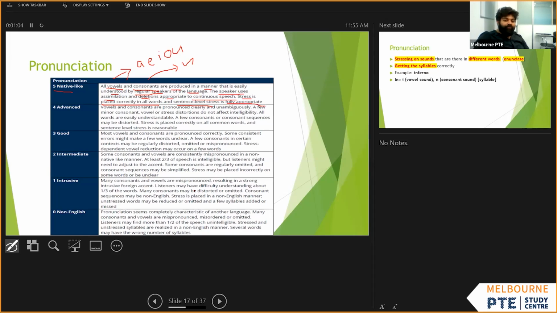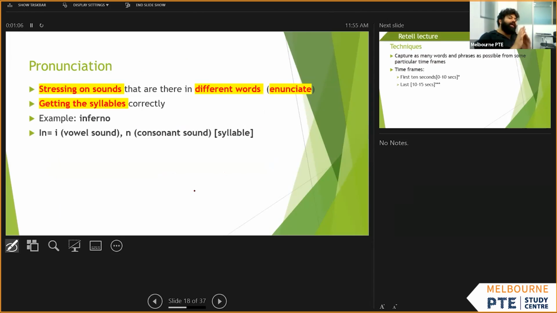Okay. Now, what it is basically trying to tell you is what is the base unit of pronunciation or what is pronunciation based on for any word. Okay. And that is something known as syllables.